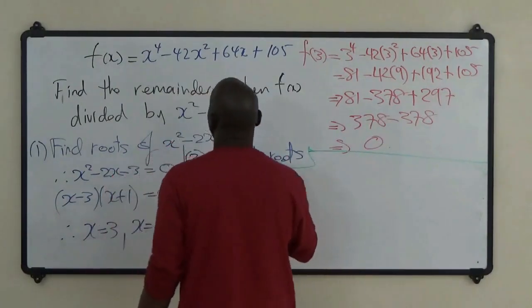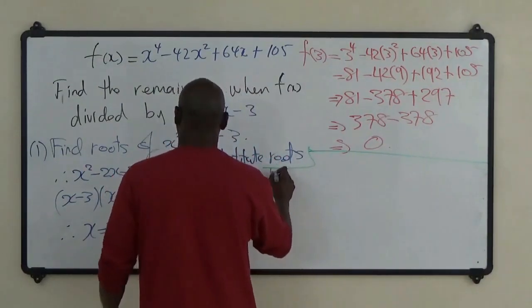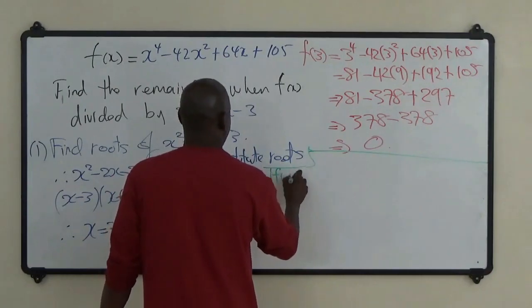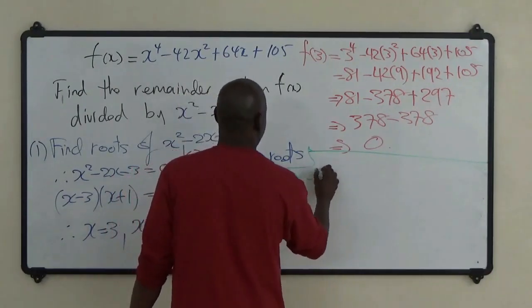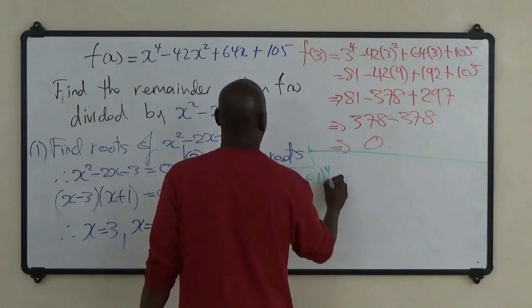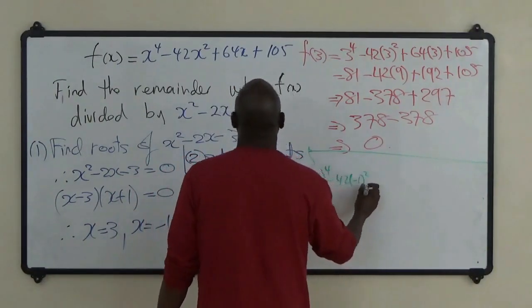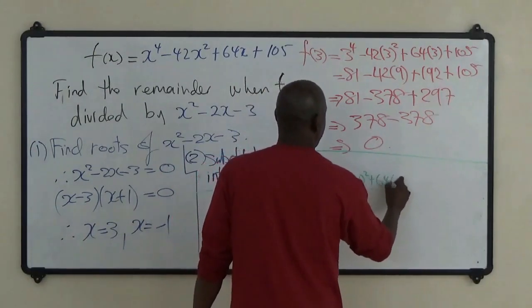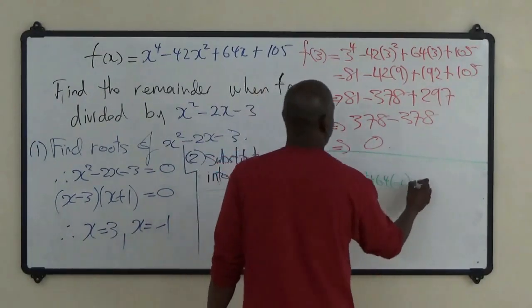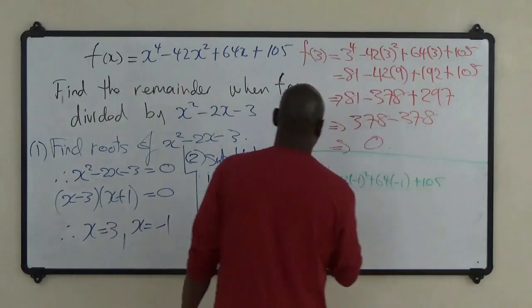We start here now. So we say f of minus 1 is equal to minus 1 to the power of 4 minus 42 by minus 1 squared plus 64 by minus 1 plus 105.